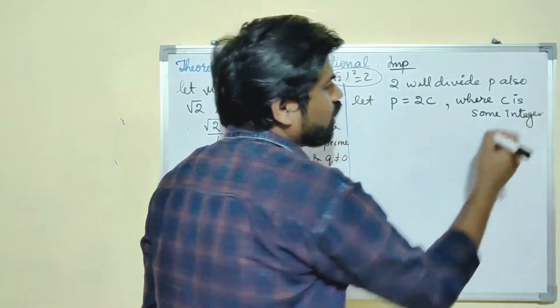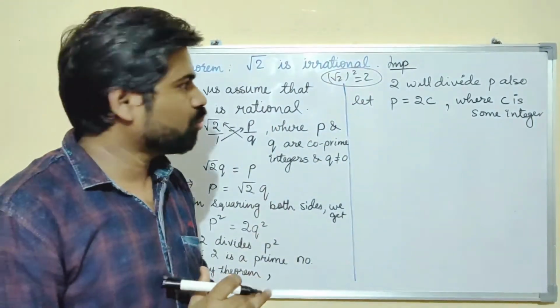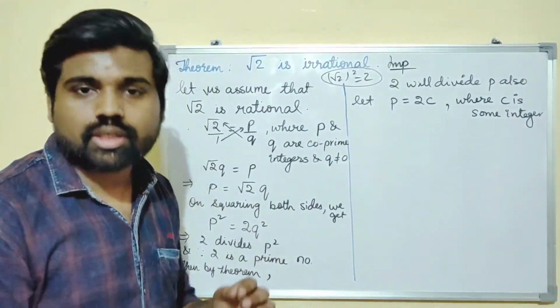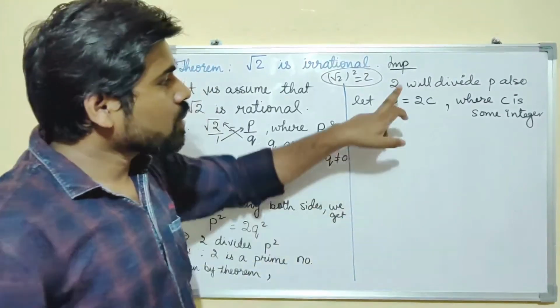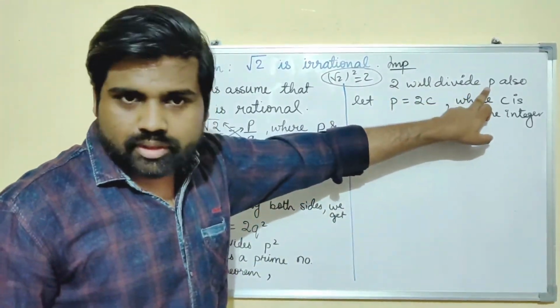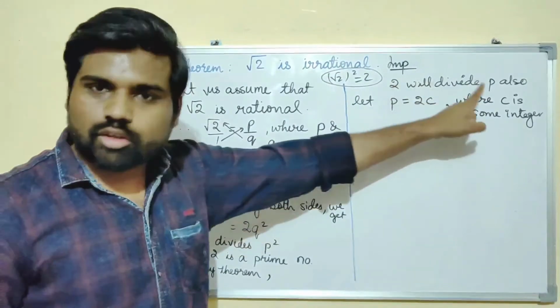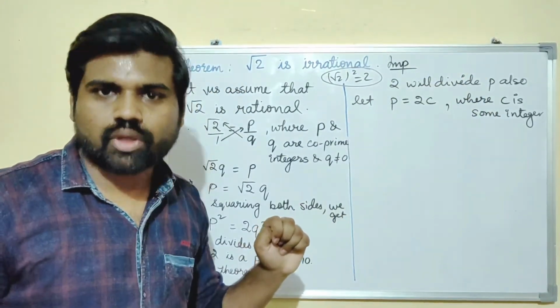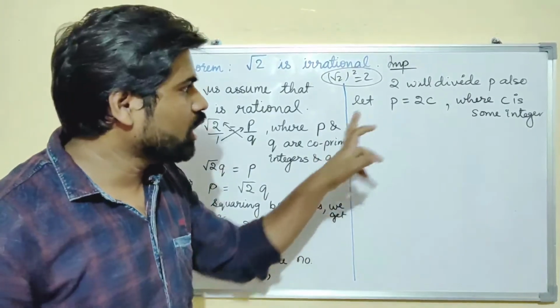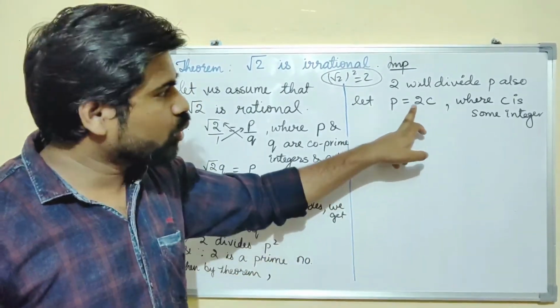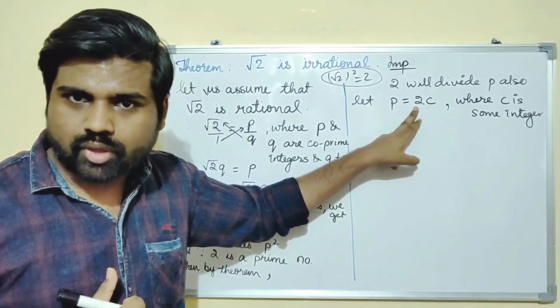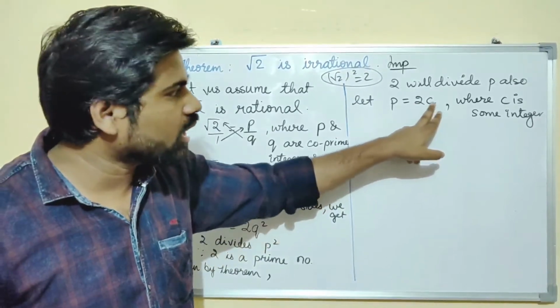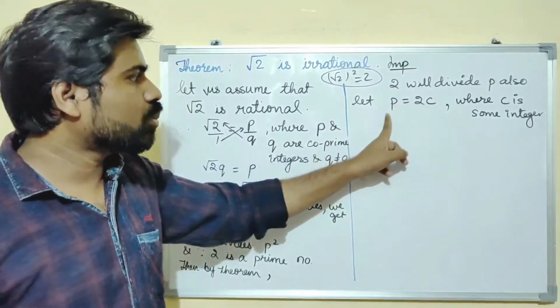Let us try to understand it simpler. 2 will divide p, that means 2 is a factor of p, or p is a multiple of 2. So we can write p as 2 multiplied by some number. We don't know the number, that is why we are taking a variable here. So p equals 2c.